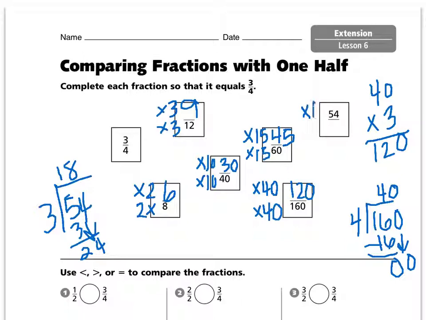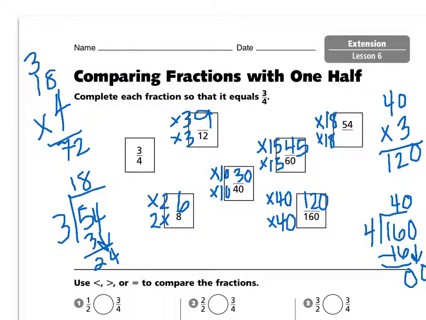So 3 times 18 equals 54. Do the same to the bottom, and so I would have 4 times 18. And I know that that, through my work, is going to be 72.